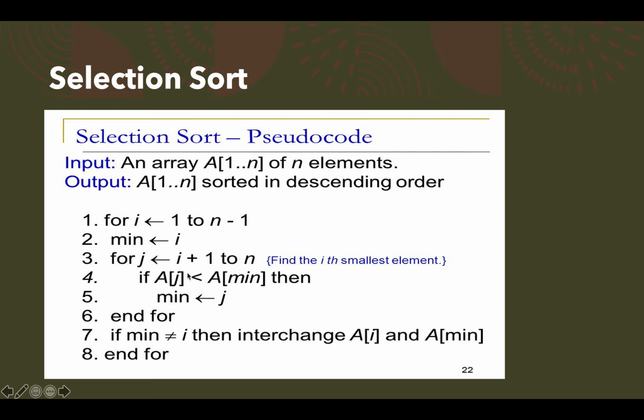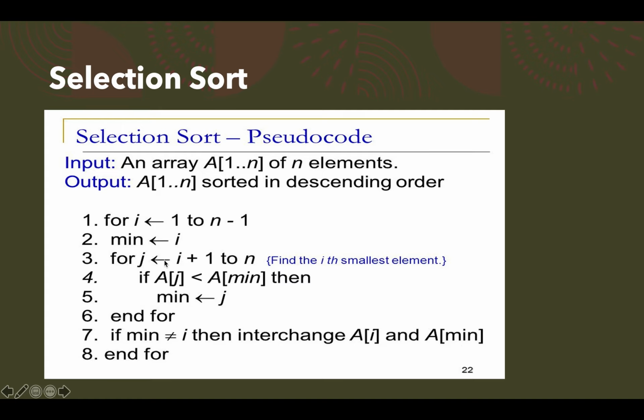You have an inner loop, lines 3, 4, 5, which is finding the minimum element in the array, and that minimum element is swapped with the first element. Every time you find the ith smallest element, you swap it into the correct position. That swap statement is given here: interchange A of i and A of min.